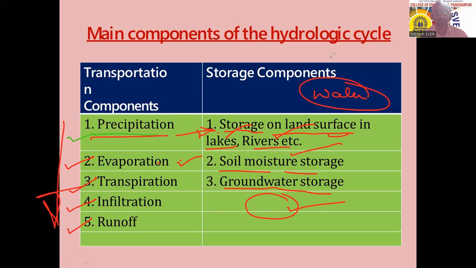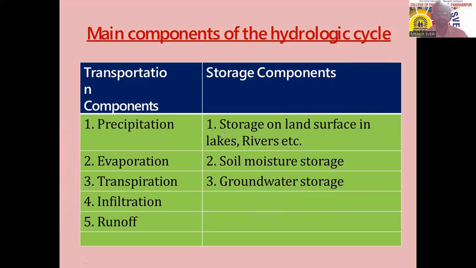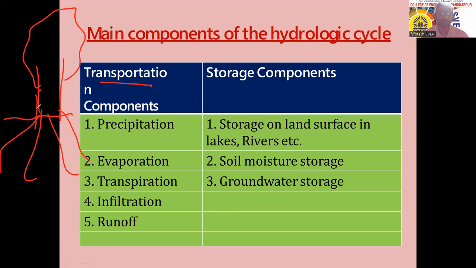Is it clear? Sir, what is the meaning of transpiration? Here there is a difference. Transportation is different, transpiration is different. See, this is the Earth surface, this is a plant body, and these are the roots of the plant. Loss of water from the plant body.